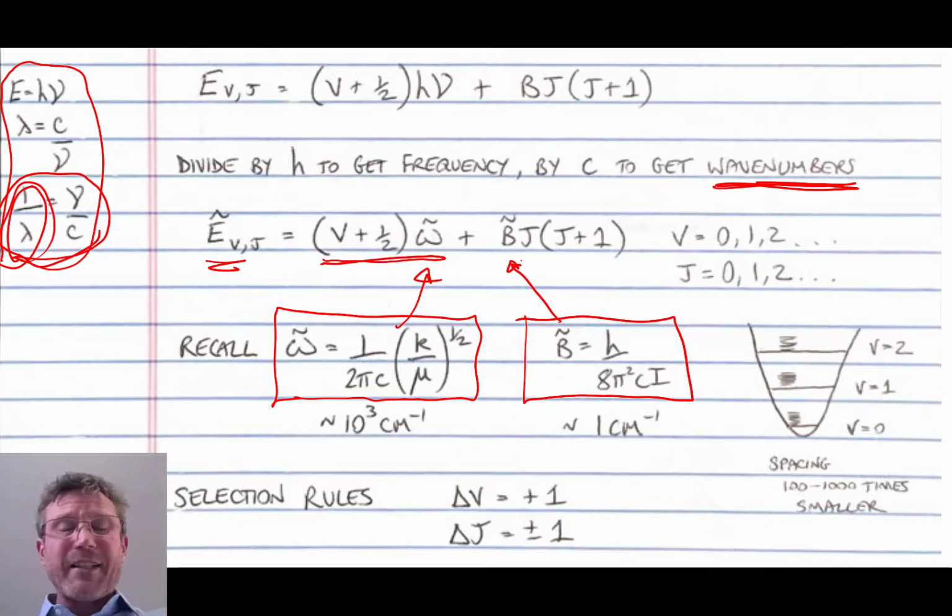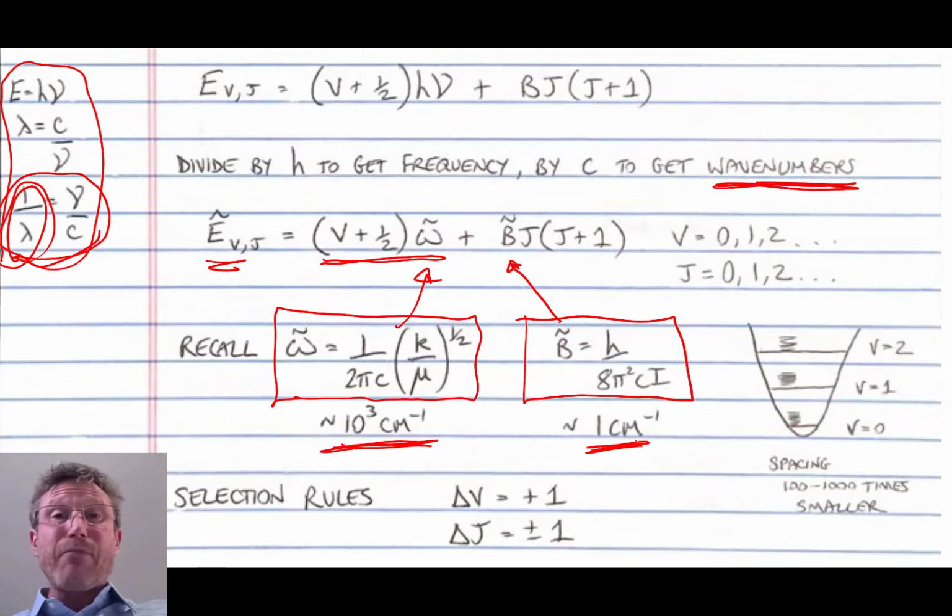So what's the point of this? The point is to look at the relative sizes. A vibration is typically on the order of about 1,000 wave numbers, and the transition between rotational states is about 1 wave number.